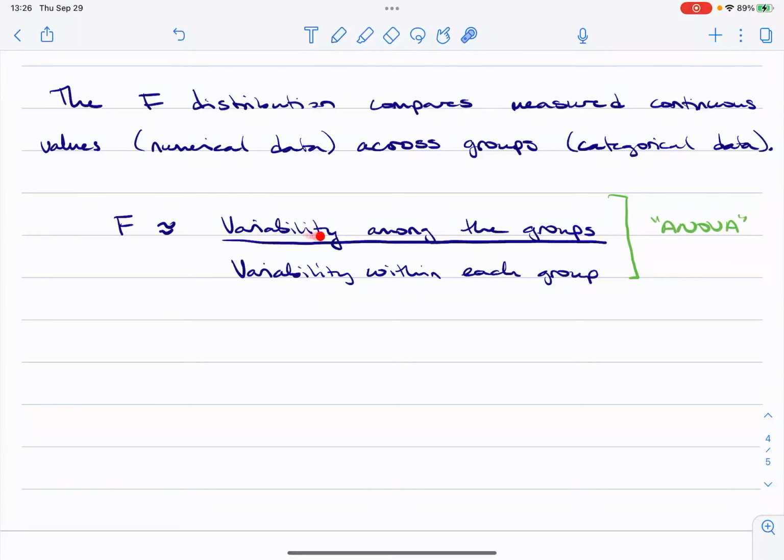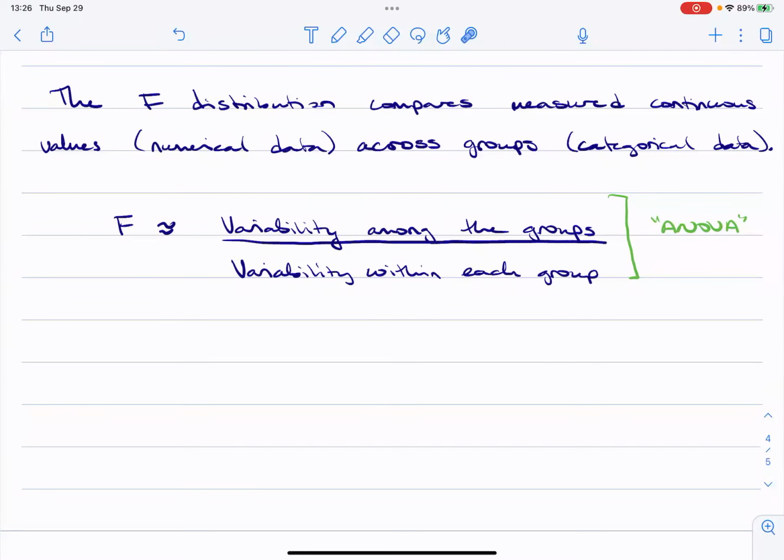And what does the variability among the groups mean? So now I'm looking overall among the groups. There's variability here, right? Kind of going from group to group versus the variability within each group, right?